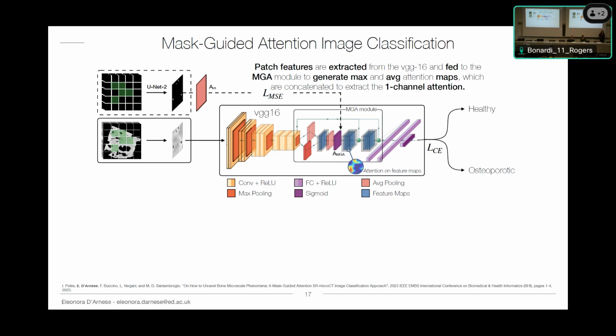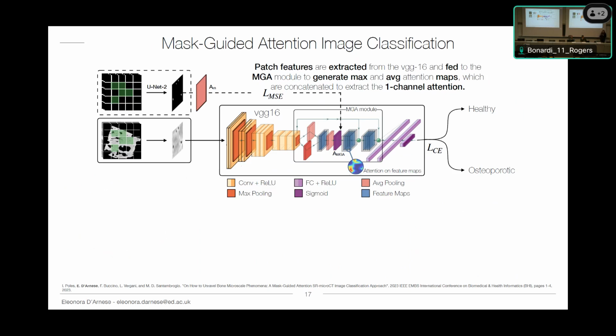And so we went with a patch-based approach, and we also combined the segmentation, in the sense that if we have just our network trying to classify the patches, it wasn't working that well. But based on the knowledge that we got from the mechanical department, who told us, look, lacunae are one of the objects in the bones that really can correlate to the status, so healthy or osteoporotic, we integrated in our classification network an attention module.